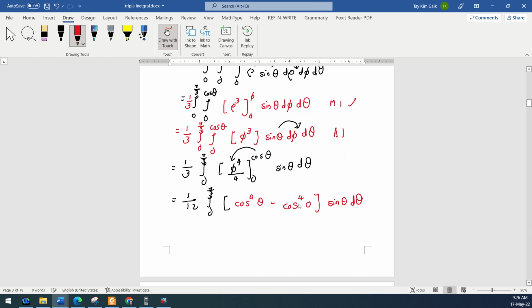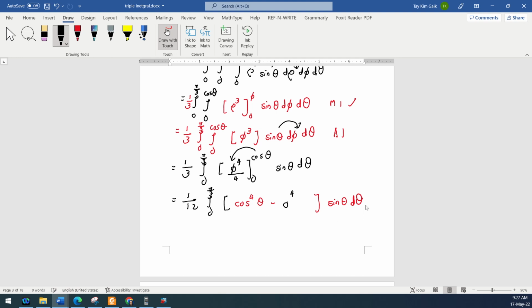Because, okay, be careful, cos 0 is 1. Here I didn't, okay, 0 power 3 is 0. That's why I can straight away phi power 3. Here, when you plug in 0, sorry, not cos power 4. This one still 0. Cos theta power 4. This one plug in 0, okay, still 0 power 4. This step you can skip, okay.